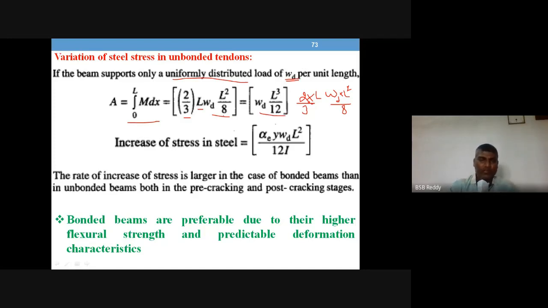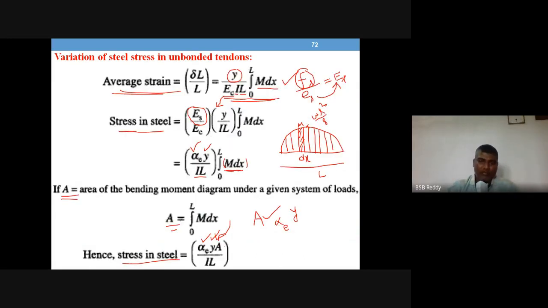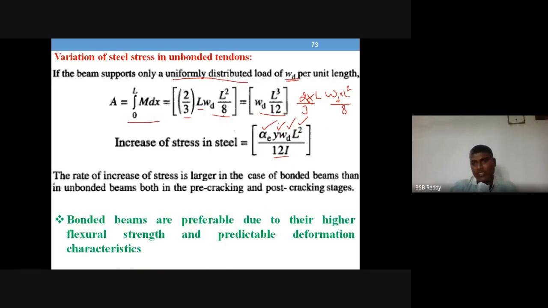If you substitute that for capital A, what are you getting for a UDL case? Alpha y WL square by 12I. L cube is there in capital A and denominator L is there, so one L goes and L square remains.